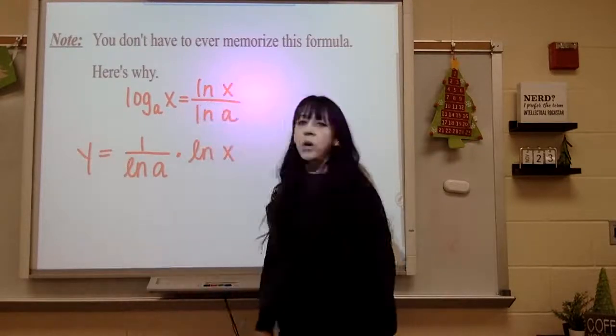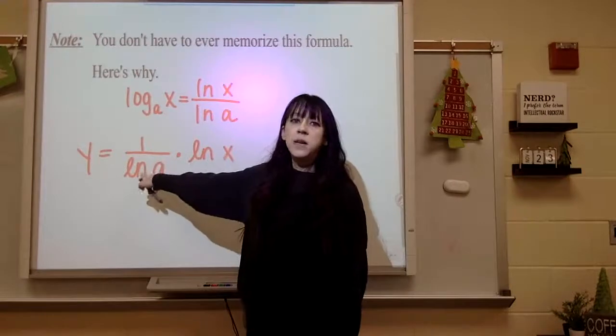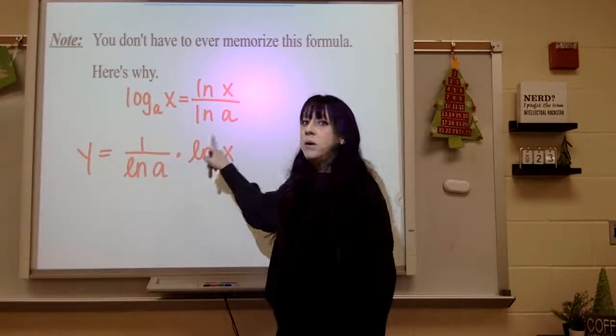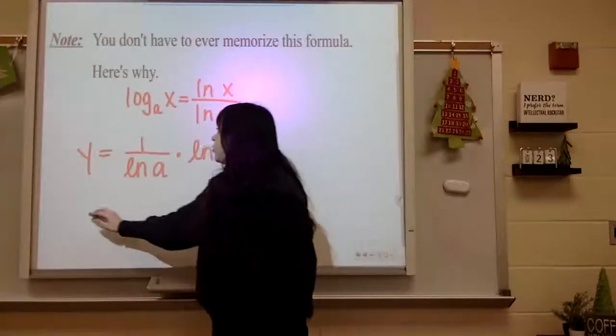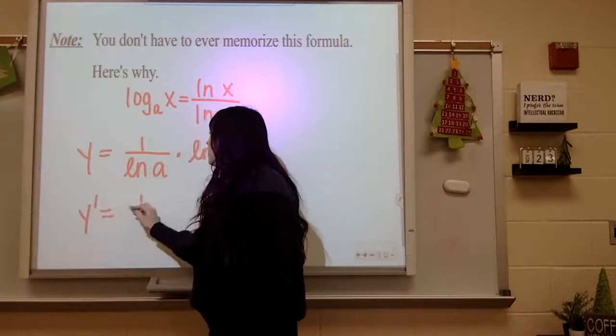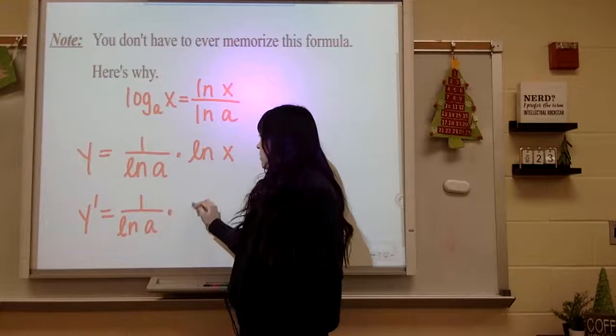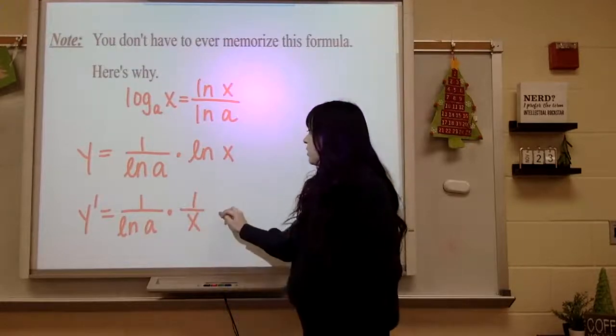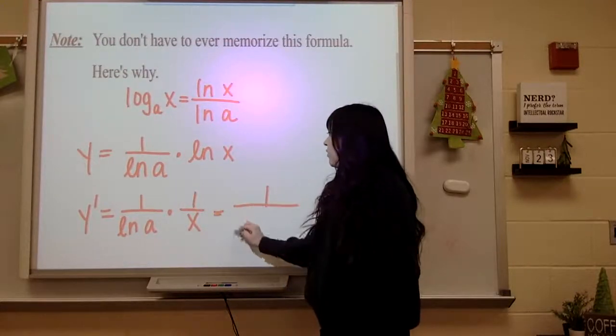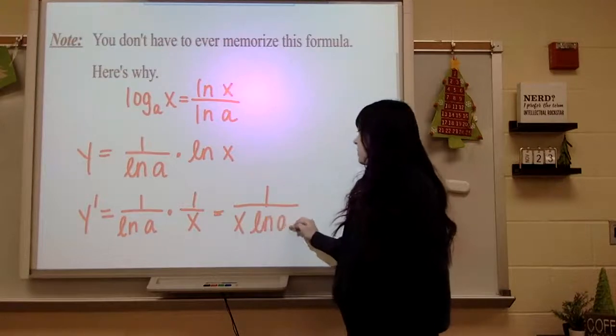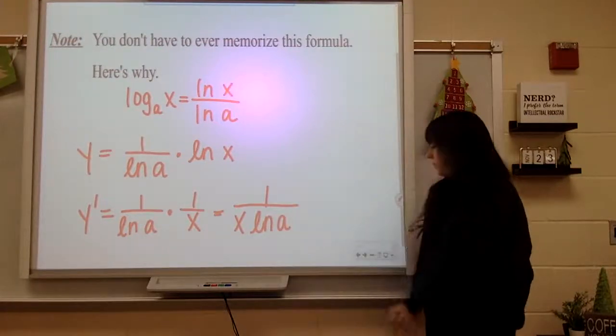Really that's the same as 1 over ln a, which is just a constant because a is a constant value, times ln x. And the derivative of that would be, you would leave the 1 over ln a alone because it's a constant, multiply by the derivative of ln, and then put it all together. And that's where this formula is coming from. Okay?